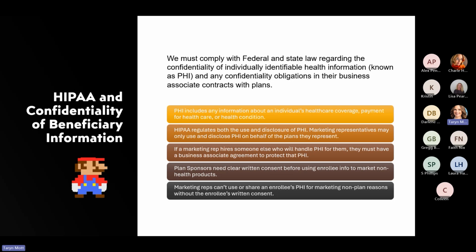If a marketing rep hires someone else who will handle the PHI for them, they must have a business associate agreement to protect that PHI. Plan sponsors need clear written consent before using enrollee information to market non-health products. Marketing reps cannot use or share an enrollee's PHI for marketing non-plan reasons without the enrollee's written consent.